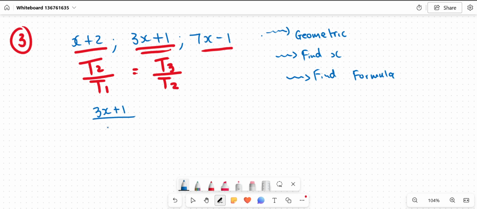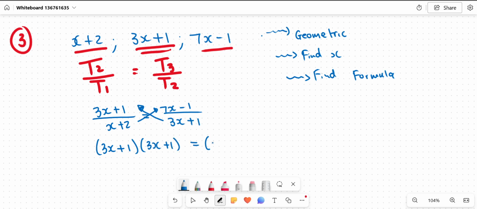So there's term 2 divided by term 1, and this is term 3, 7x minus 1, divided by term 2. And then you get this, and here you do need to cross multiply. The denominator times this side, so you end up getting 3x plus 1 times 3x plus 1.